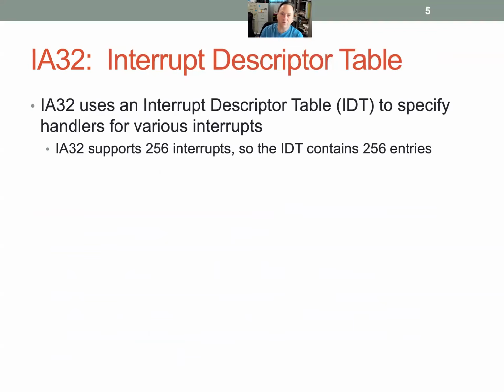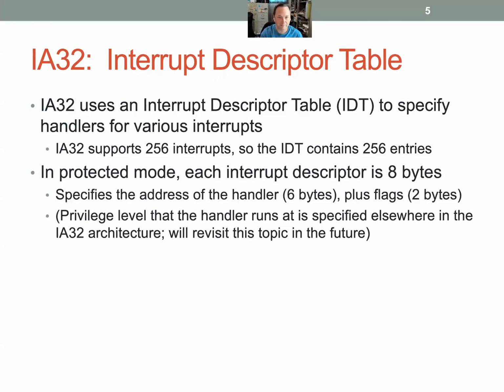The way this mechanism works is it's driven by a table that the operating system sets up at boot time. There's this thing called the Interrupt Descriptor Table, which has 8-byte entries, and each entry corresponds to a specific interrupt number. You set up this table and put all your entries in there, and then when the user application says int 80 or int 30 or whatever it says, the CPU looks up in the interrupt descriptor table what handler is registered for this interrupt, so that we can go ahead and handle it.